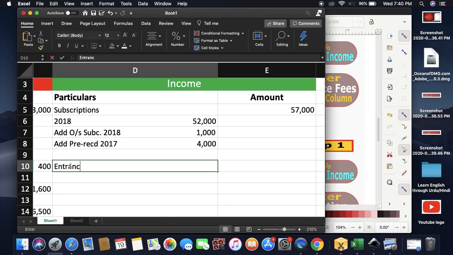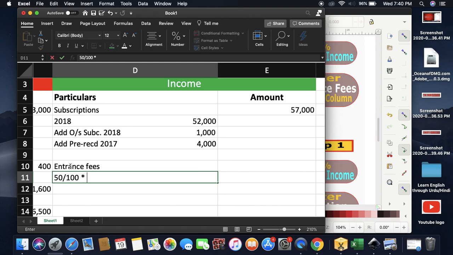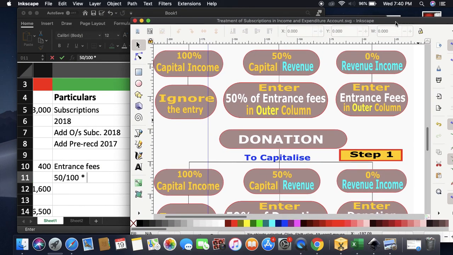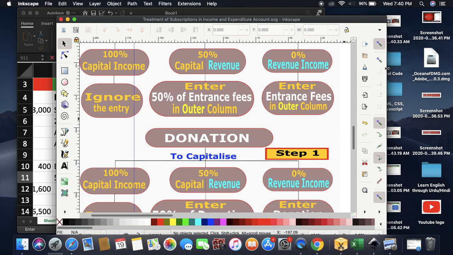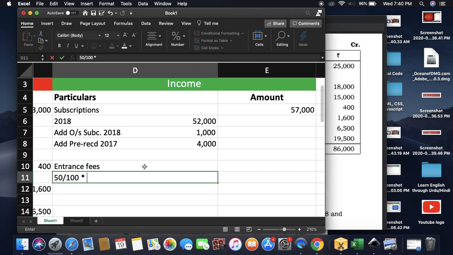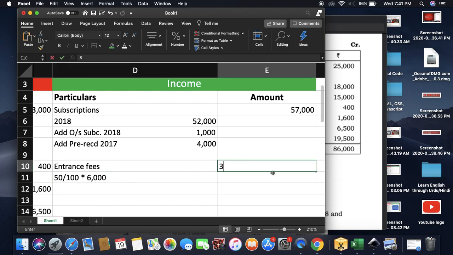Entrance fees, 50 divided by 100 into, let's see what that amount is once again. Yeah, it's here. It is 6,000. So let's take 6,000. So we know 50% of that is 3,000. We write it in the outer column.